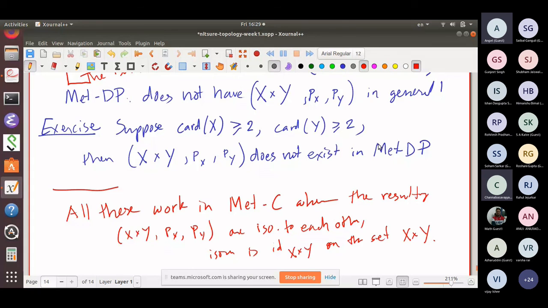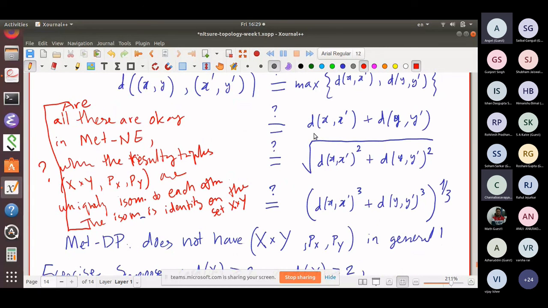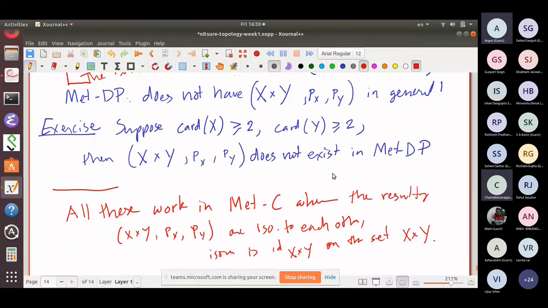Yeah, this much one of you already said. You said all these metrics are equivalent. One of you said it. Yeah, remember? And that means the topology is the same, which means in this category they are all equivalent.